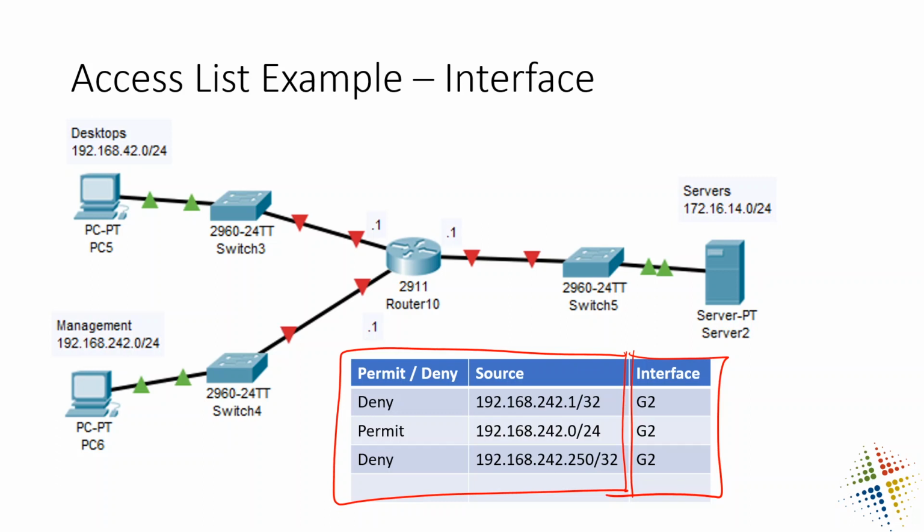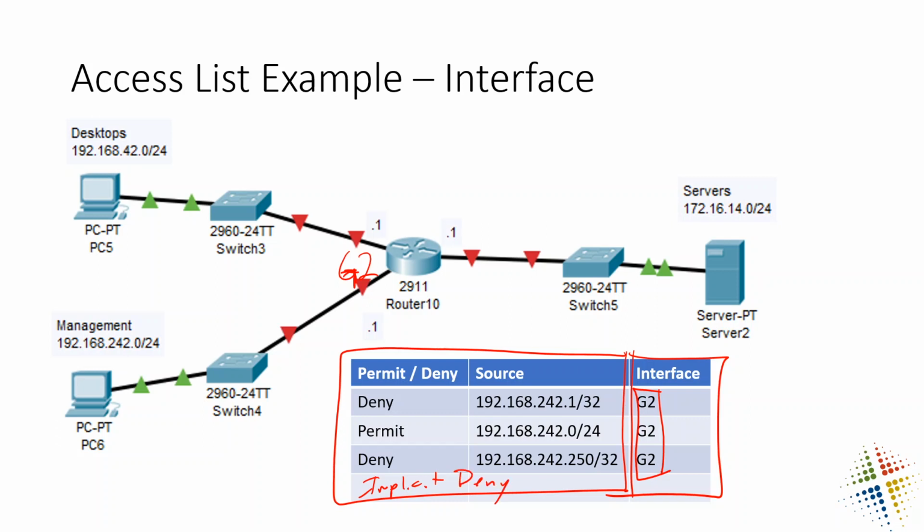Now, the important thing to learn about this is most network devices where you have access lists, not all, but most, when you have access lists, here we apply the access list to the interface G2. If this is G2, then again, there's an implicit deny at the very end.